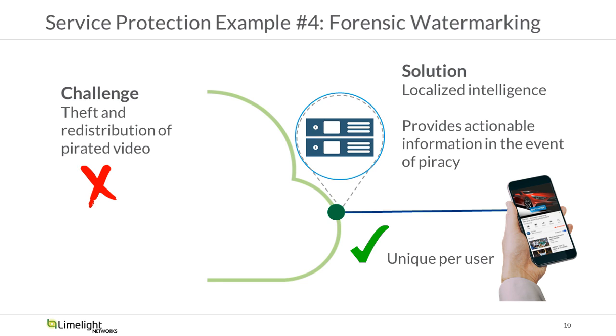The previous service protection examples showed us ways to protect the access to the content and apply business rules to get the access. But which options are available when the pirate, the people who are stealing the content, is able to get access, to pass through that barrier? Well, it is possible to detect who is pirating the content by using watermarking solutions.